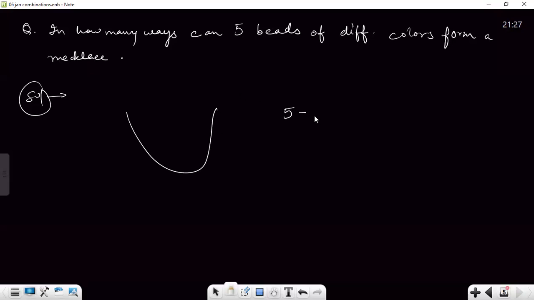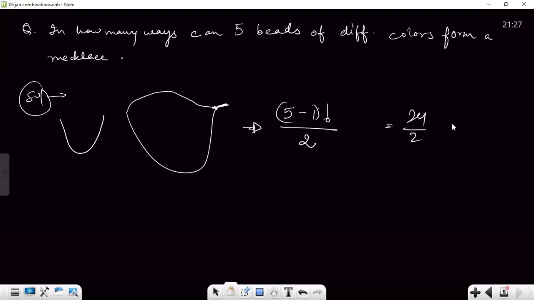Basically, why are we considering n minus 1 factorial? Because after arranging, we are going to tie a knot, and that's how it becomes a necklace. Before that, it was in this shape. 5 minus 1 factorial divided by 2 because we had a choice of flipping. 4 factorial is 24, divided by 2, that is 12, the total number of cases. That is the answer. Is that clear, everyone?